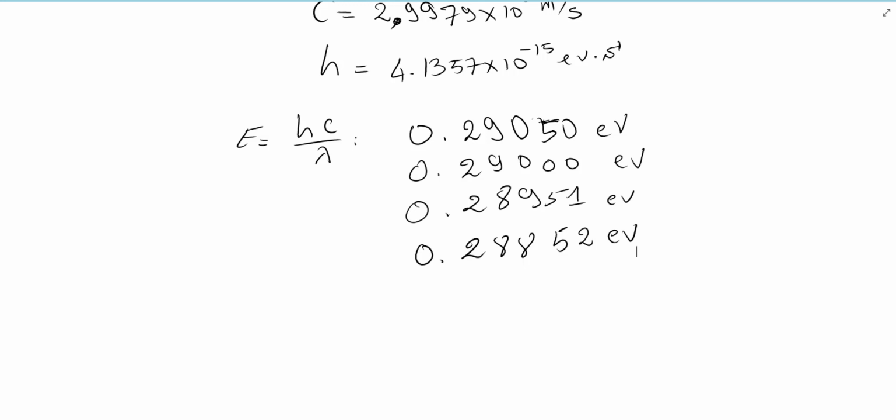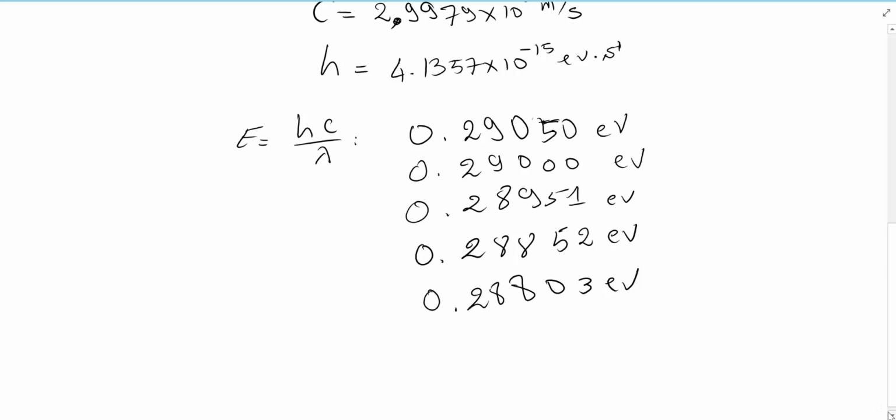And the last one corresponds to a wavelength of 4.3046, and that's the least energetic one, 0.28803 electron volts, rounded to 5 sig figs.